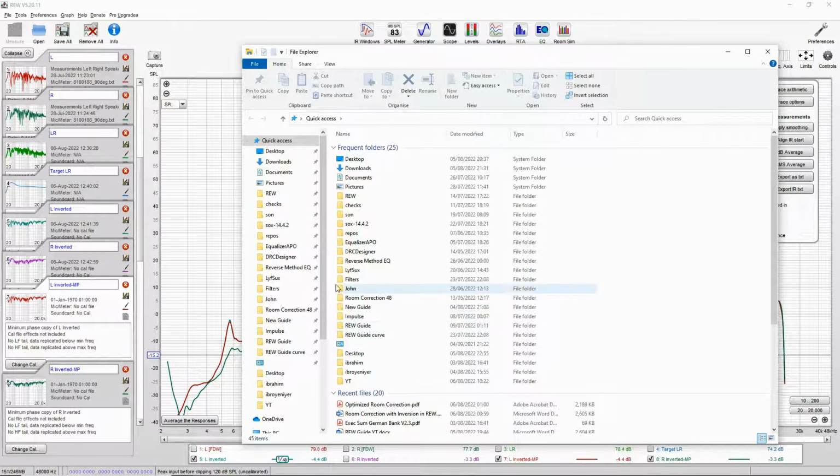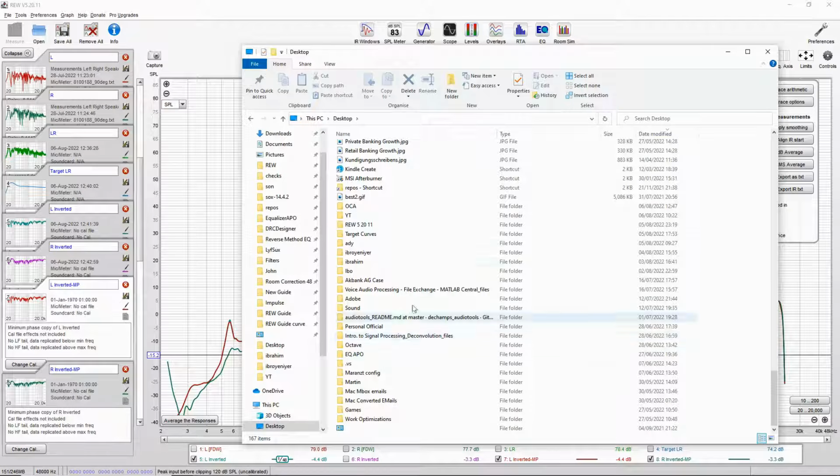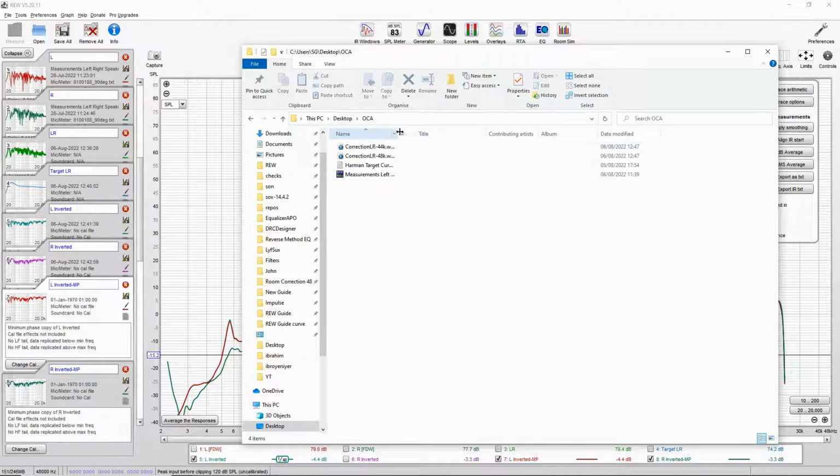As you see, what was done is it created two wave files, one with 44.1 kilohertz sampling rate and the other with 48,000 hertz sampling rate.